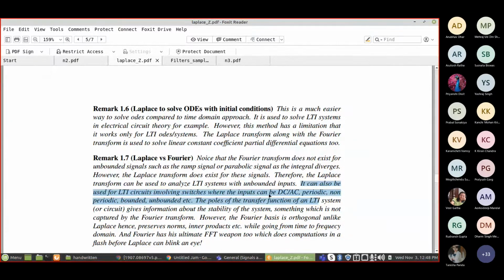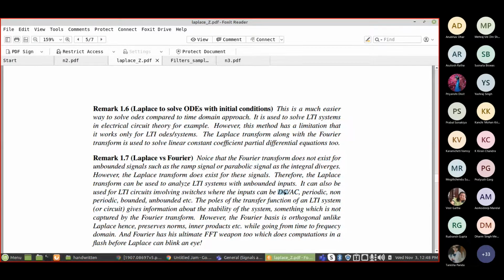For AC, we went to phasor domains and turned all differentiation into multiplication, etc. But we did not have that luxury in DC. We had to solve differential equations because Fourier does not help if there are switches or if you have constant DC signals.